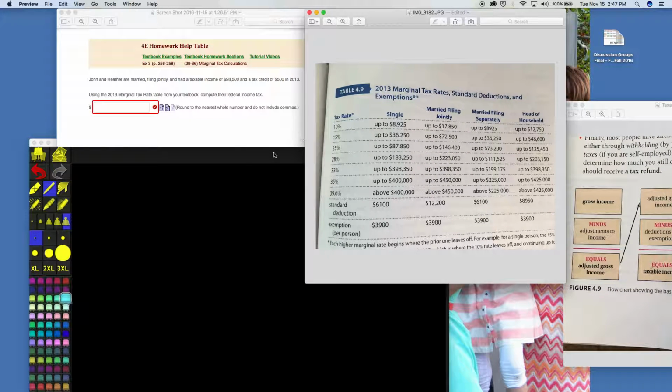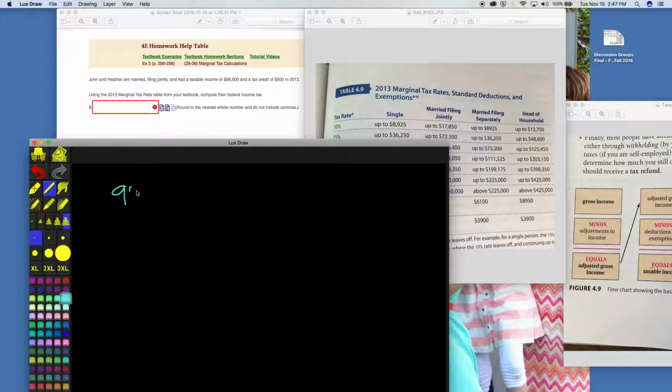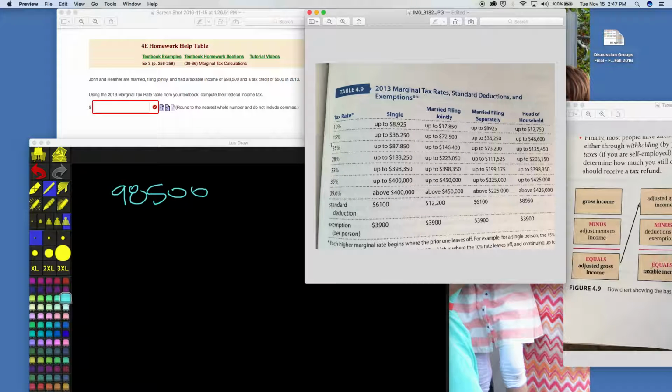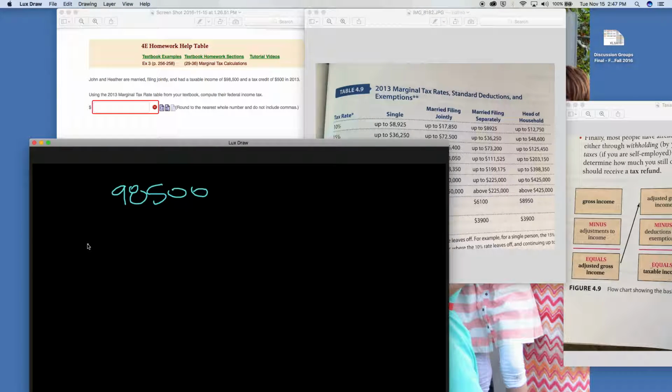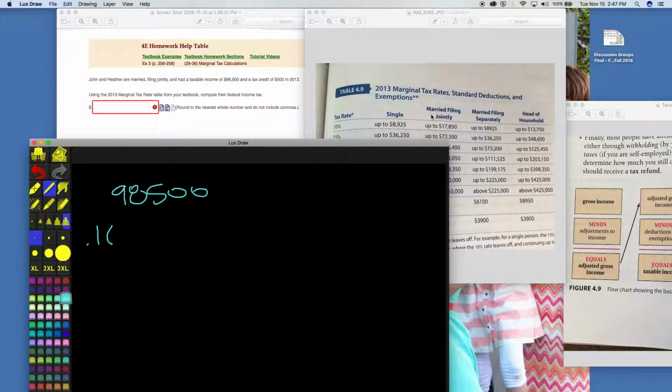So this one, we're going to come here and look at theirs. Again, I'm going to write it out for you. Their taxable income is $98,500, right? So I'm going to do my first tax rate, and this one's a little different. It's 0.1, so 10% times, since they're married filing jointly, this number right here, 17,850, plus 0.15 times, and this is going to be the 72,500 minus 17,850.